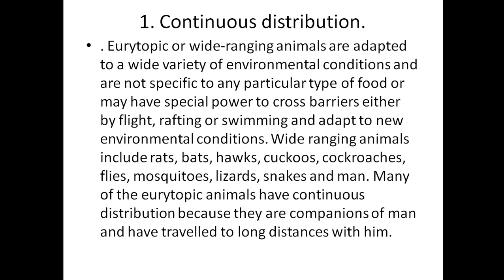If the animals have some special power to cross the barrier, how? Either by flight or rafting or swimming. And finally, if they have the flexibility to adapt themselves to the new environmental conditions, the pattern of distribution becomes continuous.